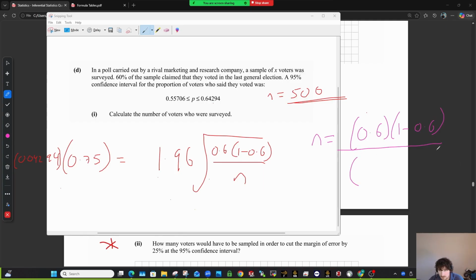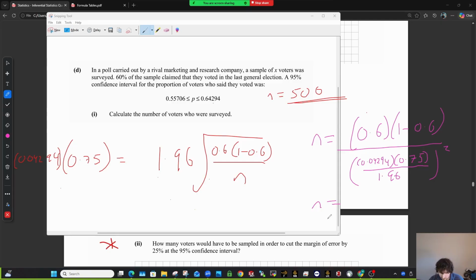So originally this was like 0.04 something, but now it's got the 0.75 with it. So it's 0.04294. It's got its 0.75 with it. And then it was divided by the 1.96 and it was squared. Okay. So n equals, this is the most common way people do this.